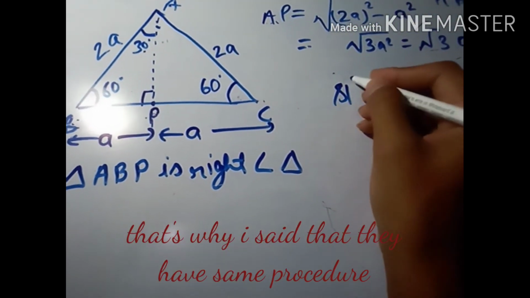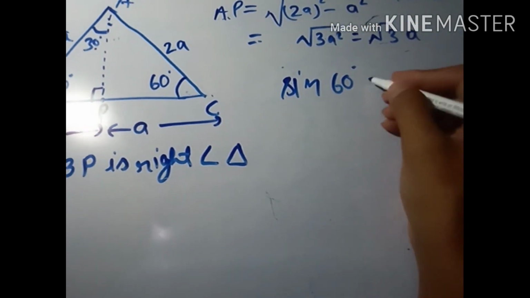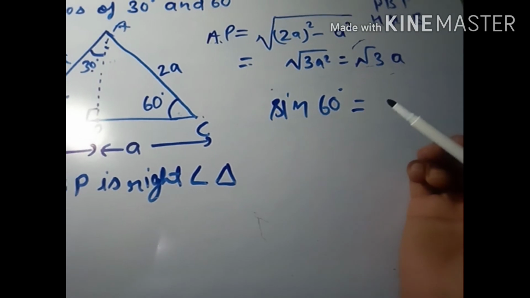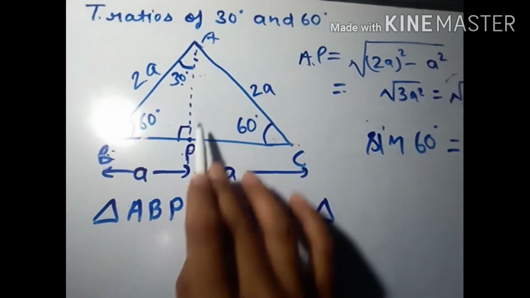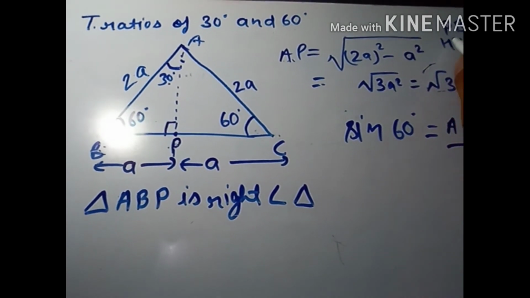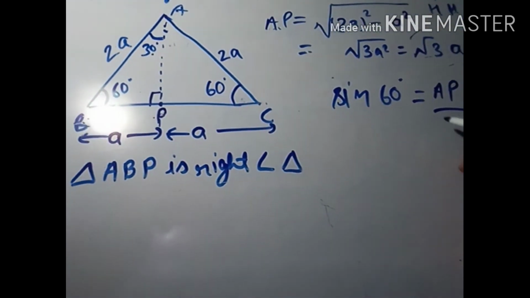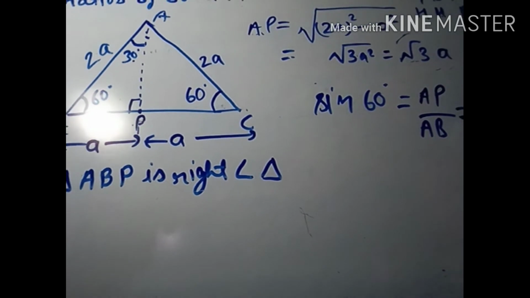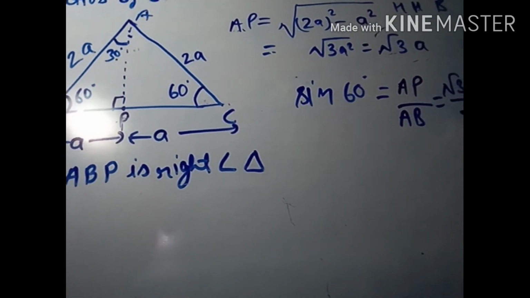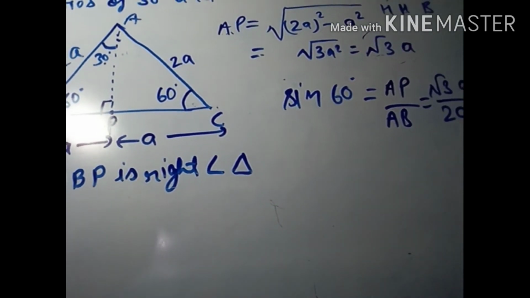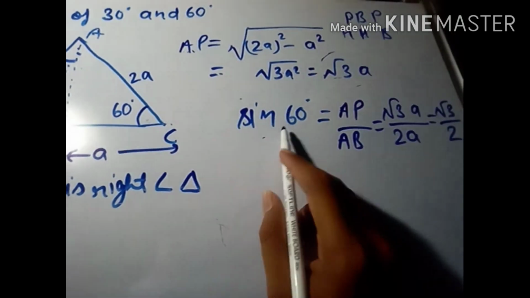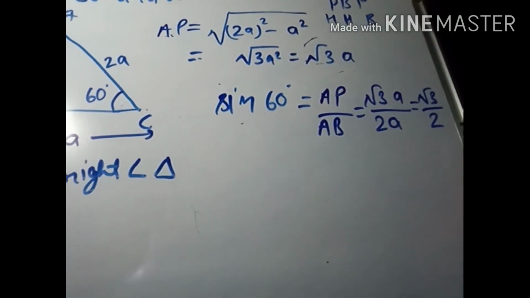First of all, sine 60 degree, which is equal to, see here, perpendicular upon hypotenuse, and the perpendicular is AP upon hypotenuse. Hypotenuse is AB. So AP upon AB. AP length is root 3a upon AB, which is 2a. This becomes root 3 by 2. So sine 60 degree is equal to root 3 by 2.